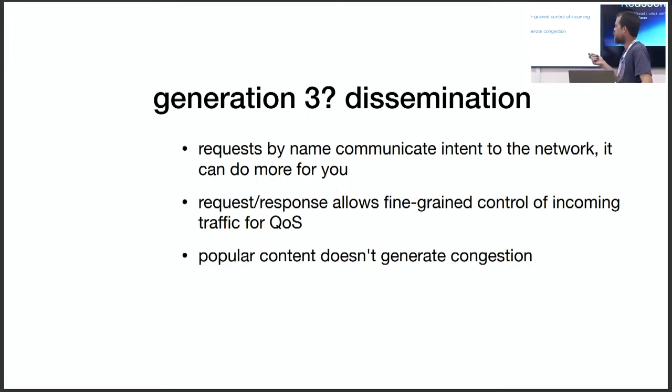Well, this one's particularly interesting. A request-response topology. Request data by name, get a response that you can authenticate, matches that name, has that name. This allows fine-grained control of incoming traffic for quality of service. Now, everybody knows that the network core is very fast, it can hold lots of data, and it gets slower as it gets out to you.